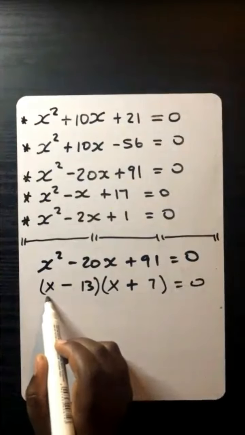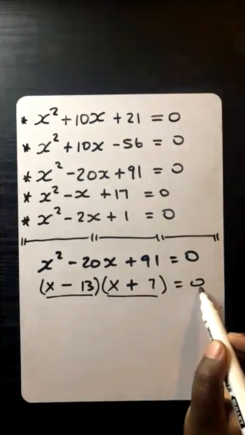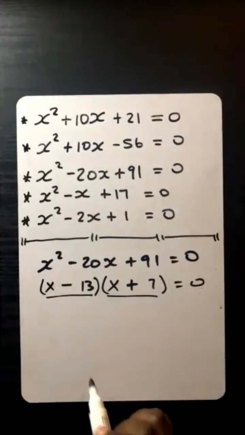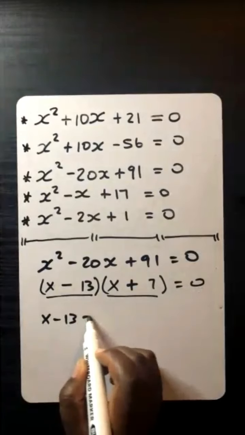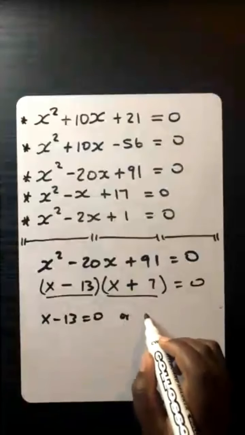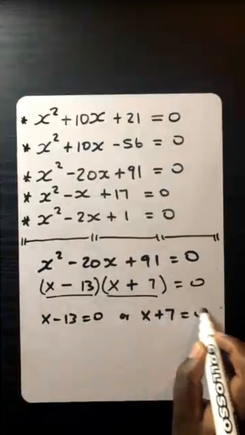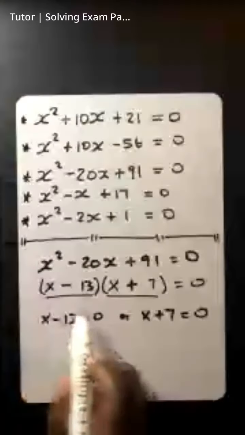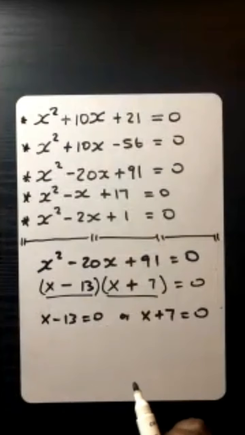So you just equate this to 0 and you also equate this to 0. Then you separately solve for the value of x. So it's more like you've got x minus 13 is equals to 0. Then you say, oh, x plus 7 is equals to 0. So can you see, when you've got this, you can easily solve for x, Shreyas. Do you want to give it a try?